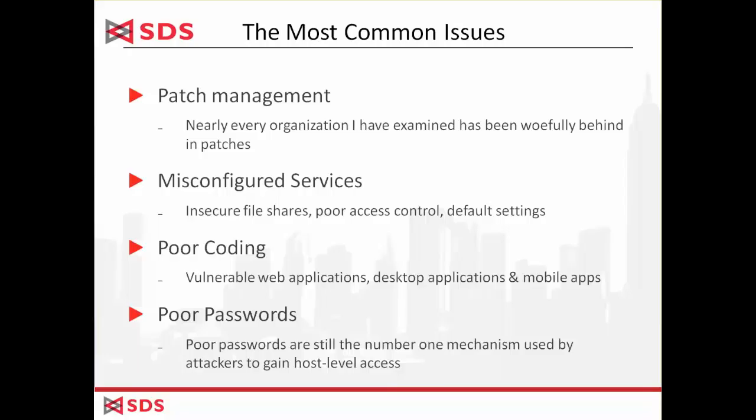Another of the most common issues is misconfigured services. A lot of times people will just set up an application and not take the time to lock it down from a security perspective. And this will lead to things like file shares that were open to anonymous mounting, or making things visible to everyone on the local area network, which may or may not expose sensitive data over those insecure file shares.